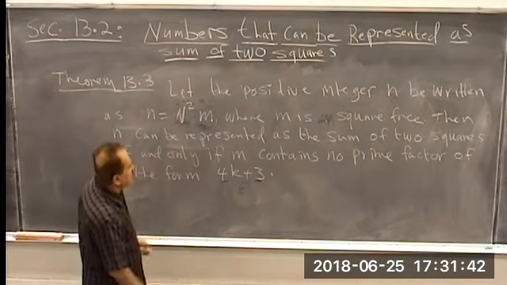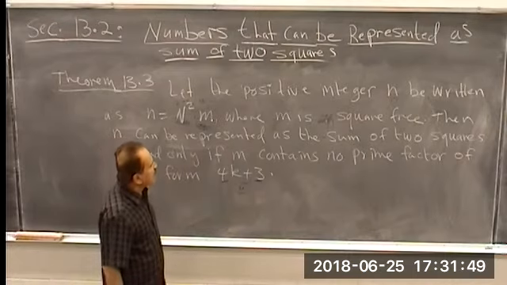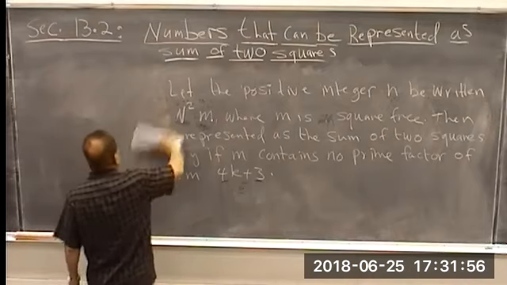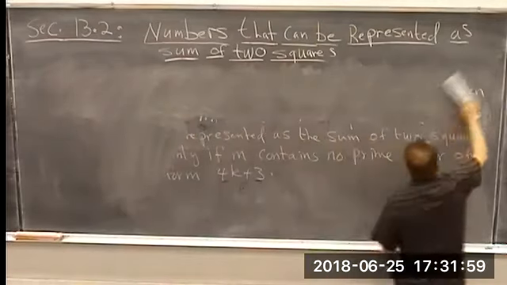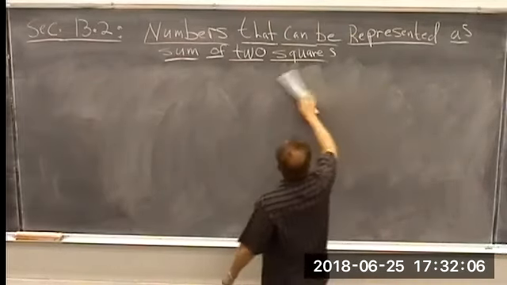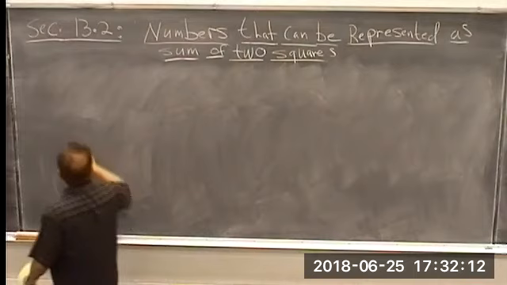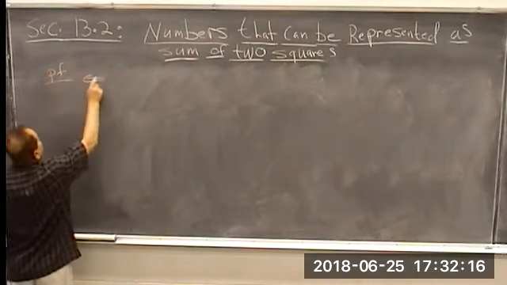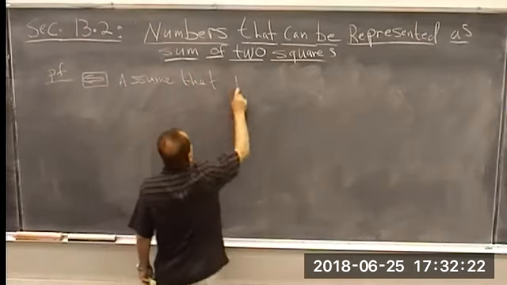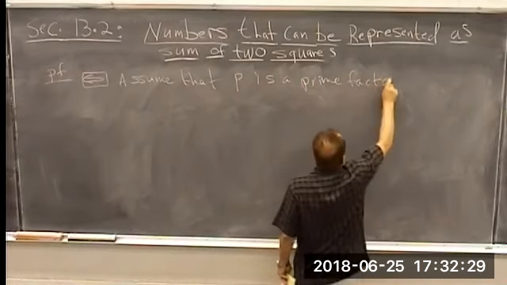The idea is, let's assume that we have a prime factor of m, and we're going to show that it cannot be of the form 4k plus 3.